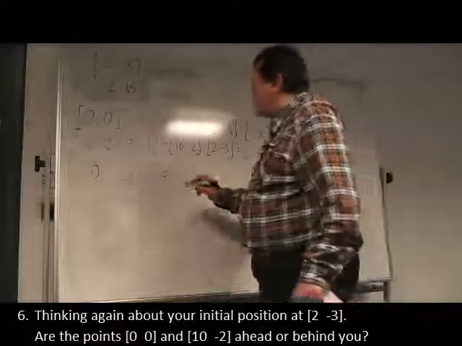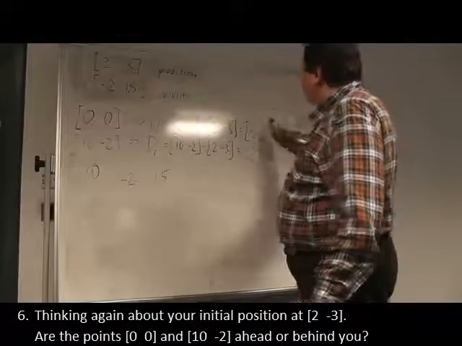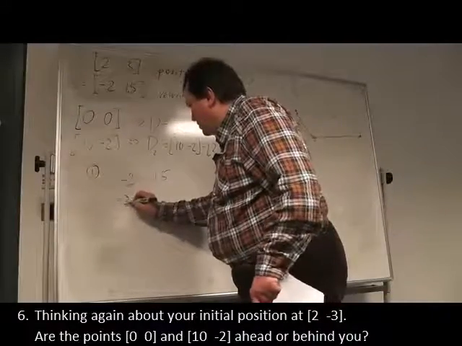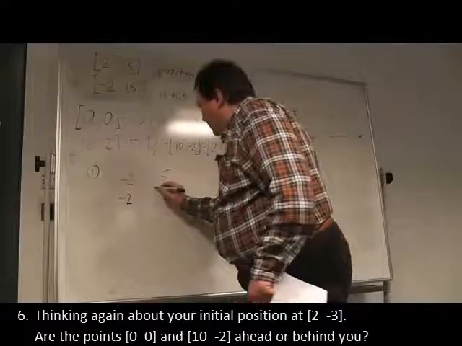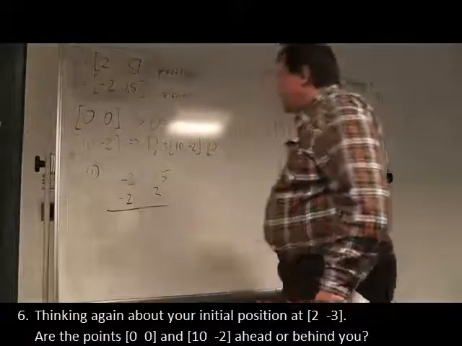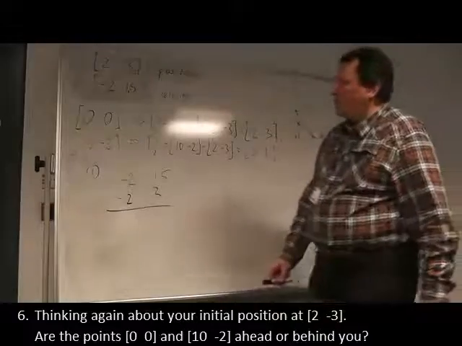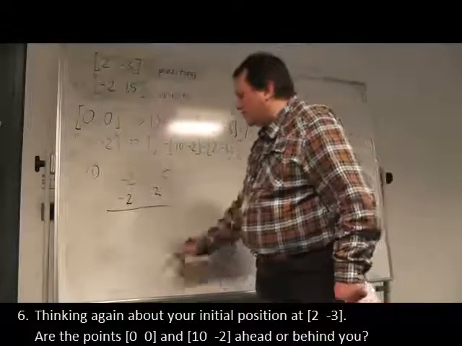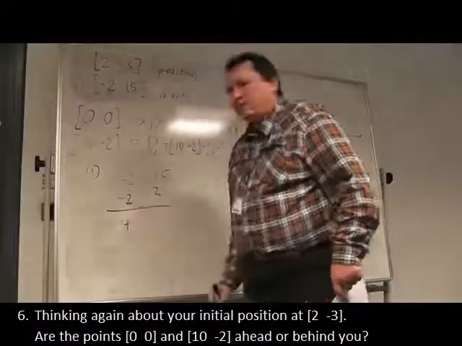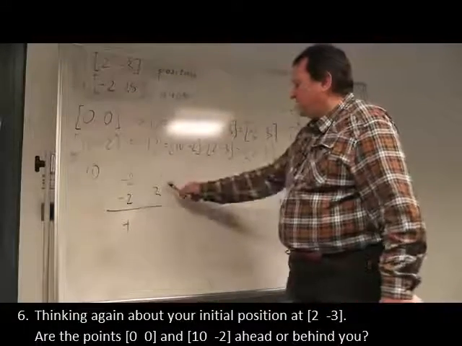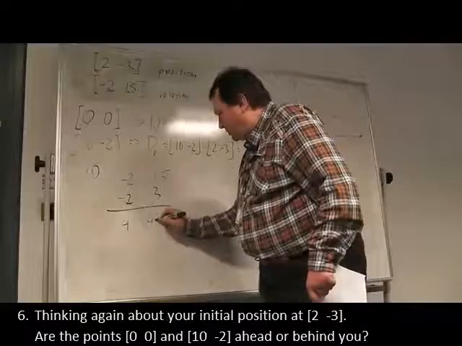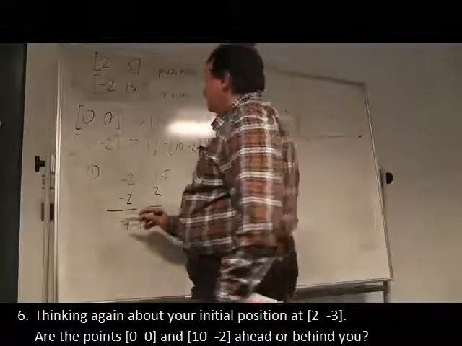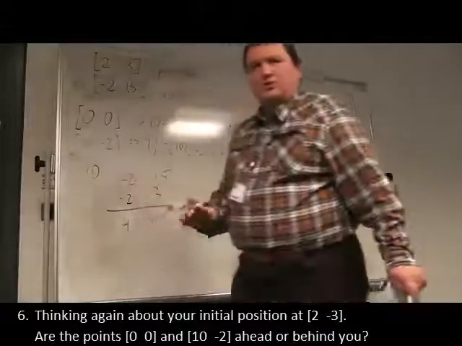I will just write the other vector, which is displacement minus 2, 3. Okay? A horizontal line, and now we will multiply. Minus 2 times minus 2 is 4, without a minus. 1.5 times 3 is 4.5.